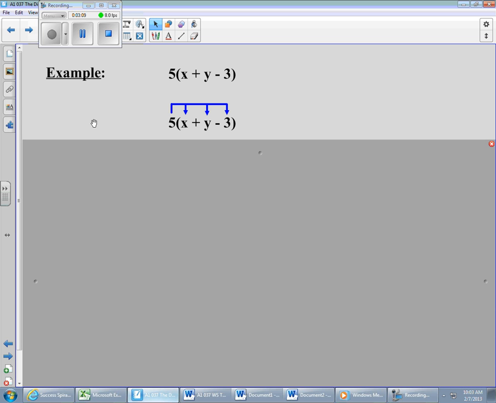Okay. Well, what is 5 times x? 5x, right? Numbers are going to combine with other numbers. X's are going to combine with other x's. So 5 and x, nothing really to combine with. That'll just be 5x. What's 5 times y? 5y for the same reason. And 5 times negative 3?